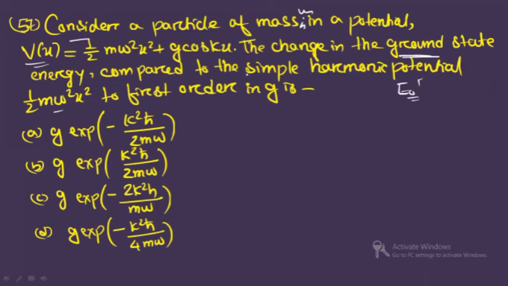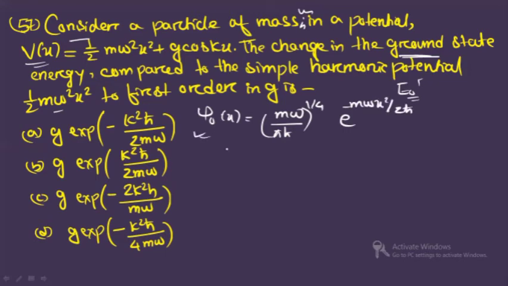So Vx is given to you. And if you are talking about the harmonic potential, then we know for the ground state, the wave function psi naught x is equal to m omega by pi h cut whole to the power 1 by 4, and here you will have e to the power minus m omega x square by 2h cut.